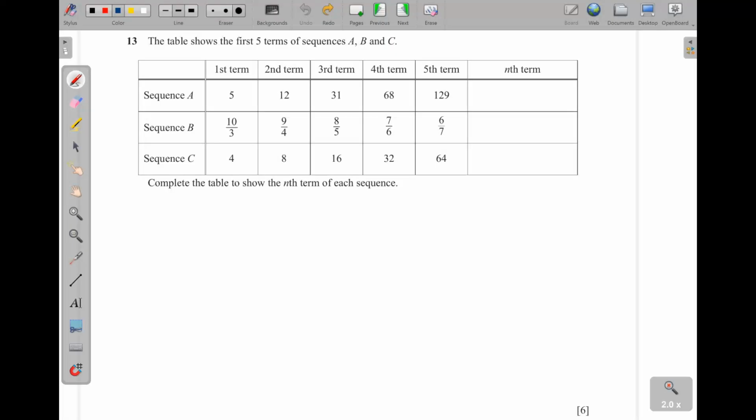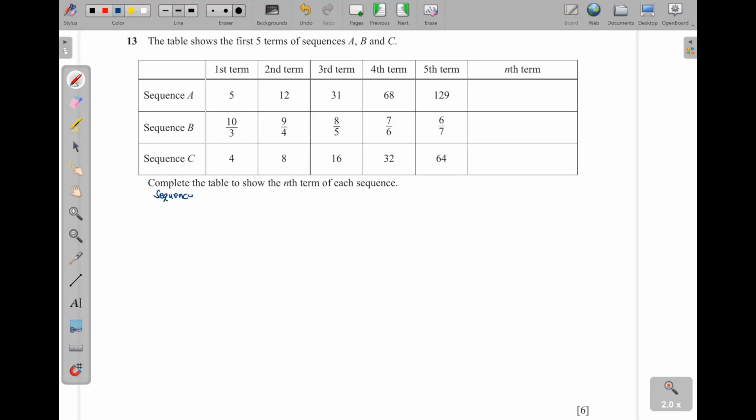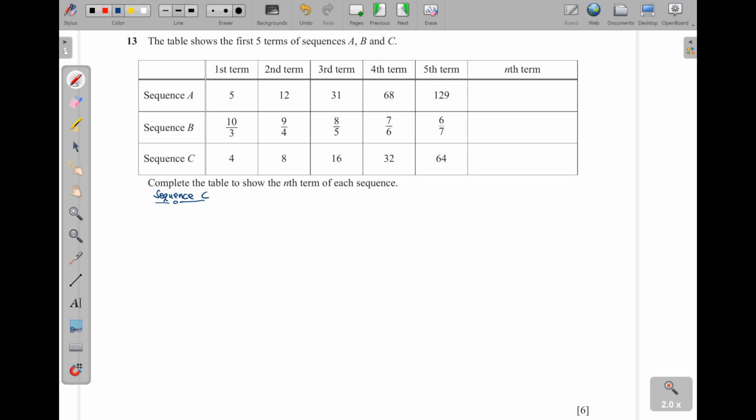Now, the easiest one to do first is going to be sequence C. So let's look at sequence C. When you look at C, we are multiplying by 2. So times 2, times 2, times 2.